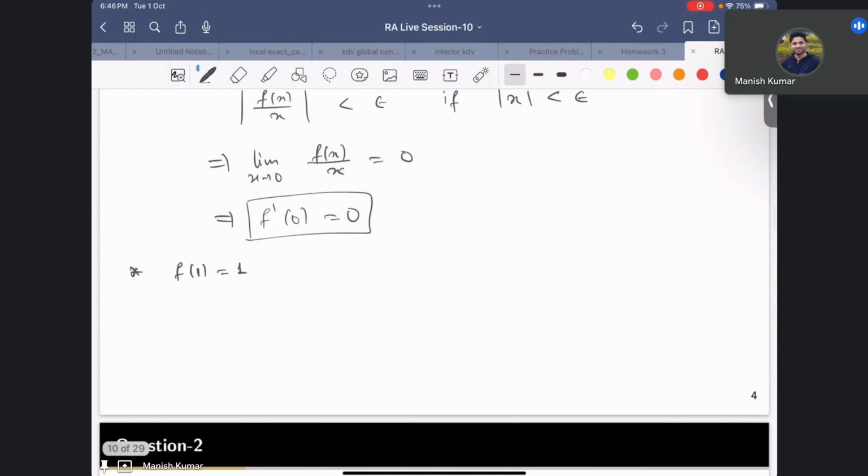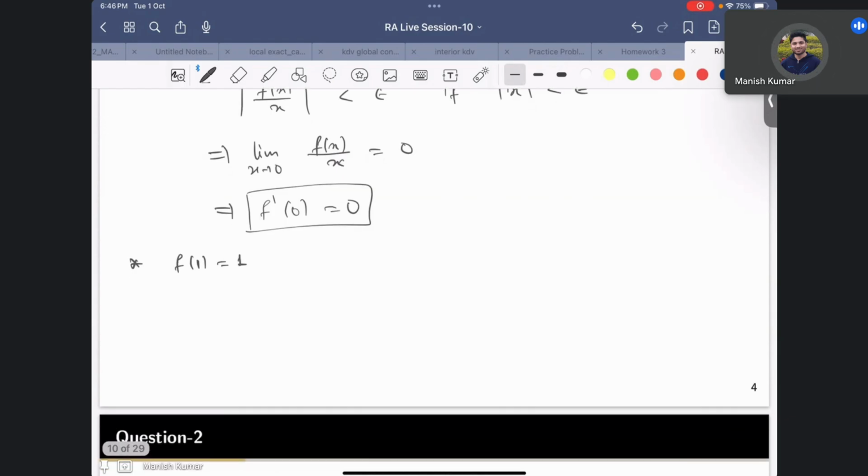Now what I am saying is that by density, I will consider a sequence in Q complement, let me say xn, such that xn converges to 1.